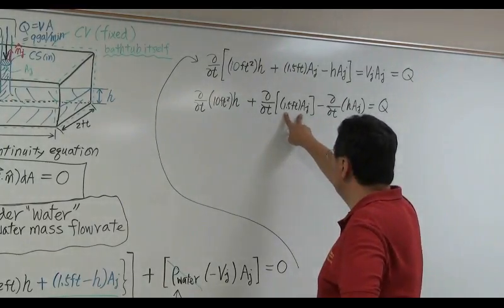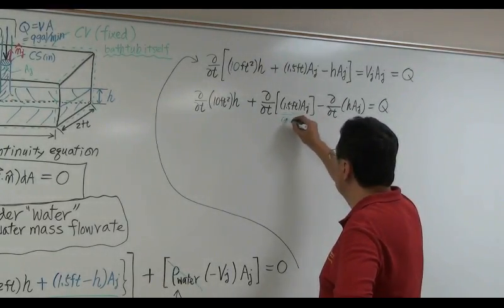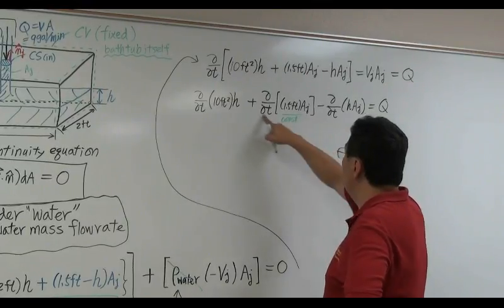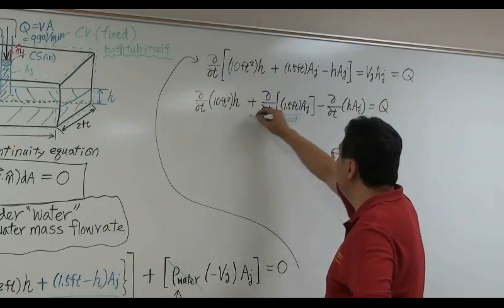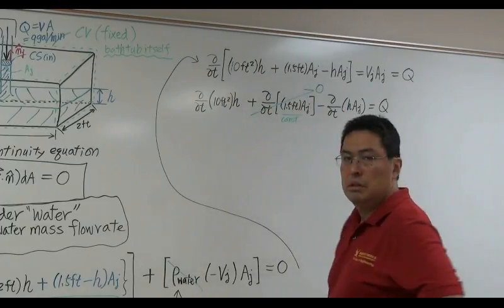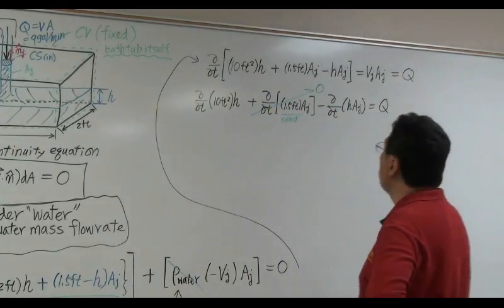So this is just a constant that does not depend on time. If you take the time rate of change of a constant value, it's 0. So this term is gone.